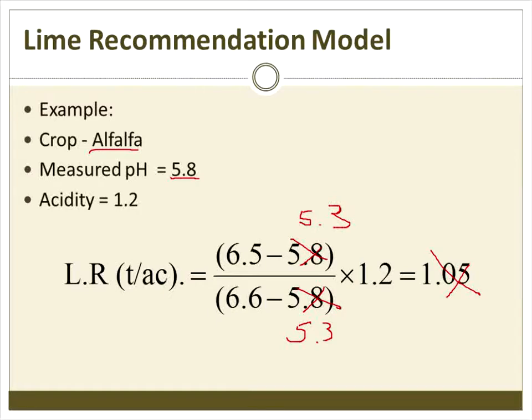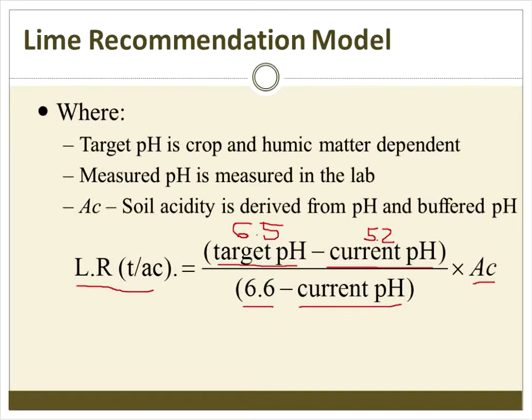One number in this equation is never going to change. Let me go back and use this slide. Let me highlight the numbers that will change. That will change depending on which crop you're growing and which soil class you're in. That will change depending on what the pH is in the field.